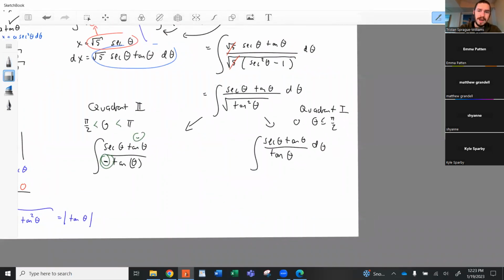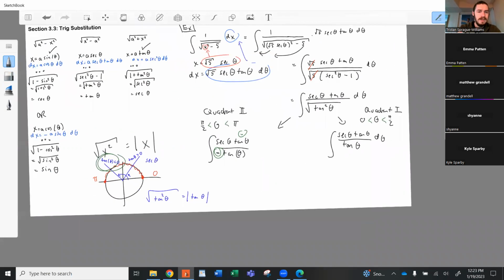We actually don't want to allow equals. And I guess the reason for that is because in the case of theta being equal to pi over 2, your tangent of theta is undefined. And in the case of being equal to either 0 or pi, your tangent of theta is equal to 0, and then you have division by 0, which is likewise undefined. So there's another technicality there. We want to make sure we're not actually including those undefined cases.